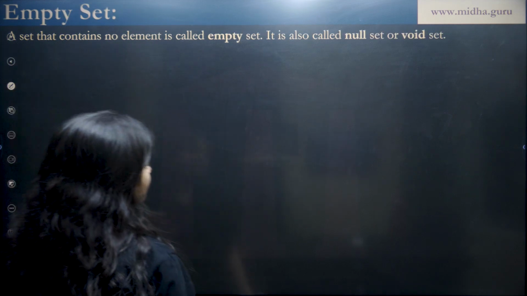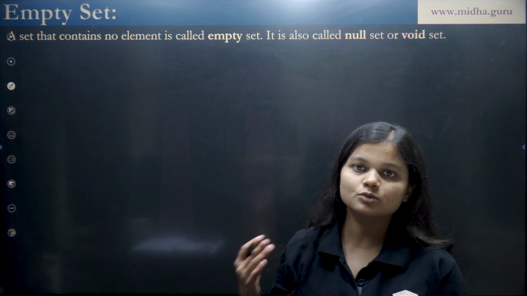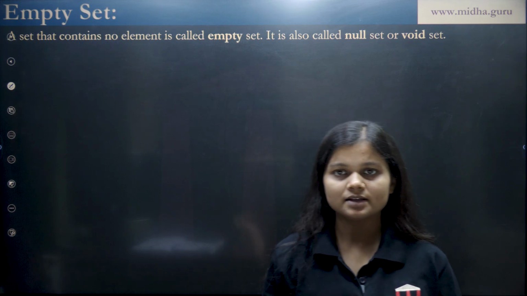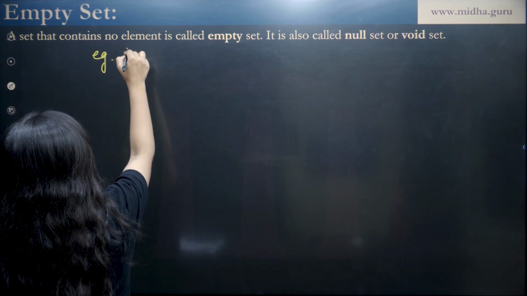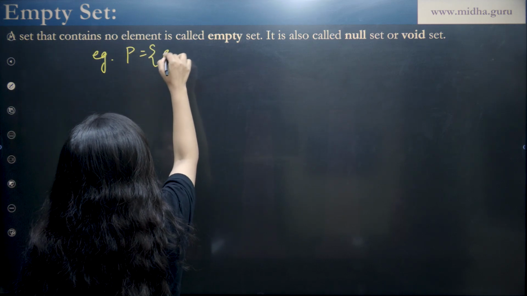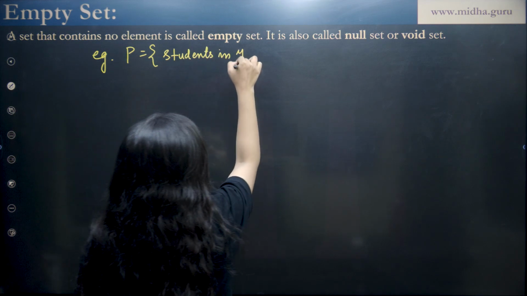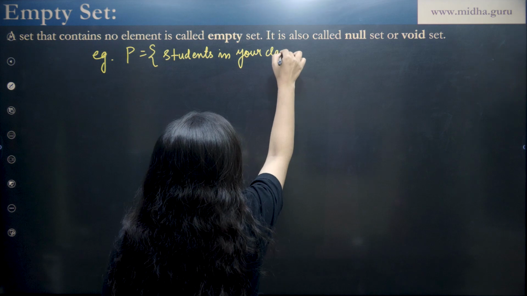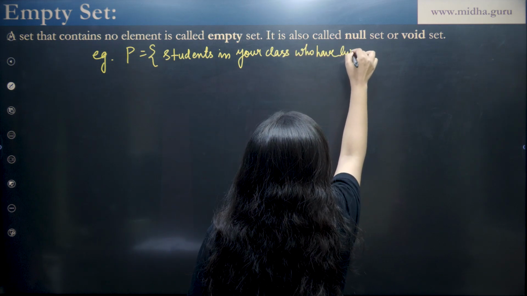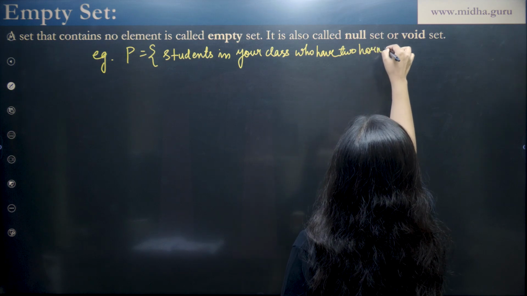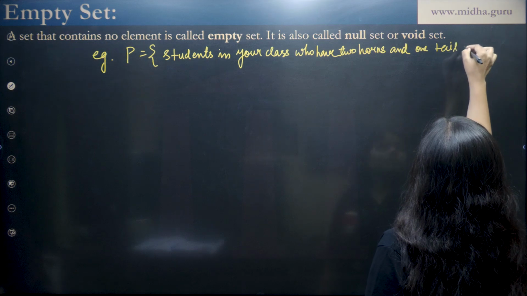Now next is empty set. Empty set means no elements inside the set. If there is no element inside the set, then that is an empty set. For example, let's take a set P, students in your class who have 2 horns and 1 tail.